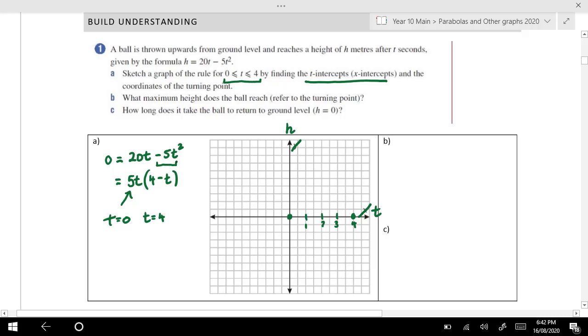So let's go ahead. It says, what is the maximum height? Well, we know that the turning point is halfway.